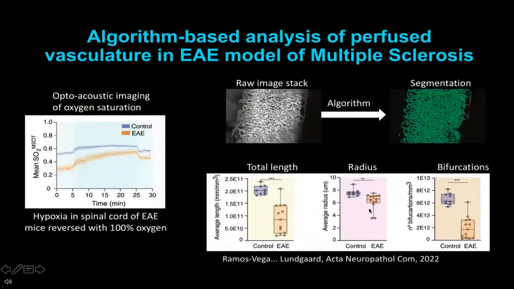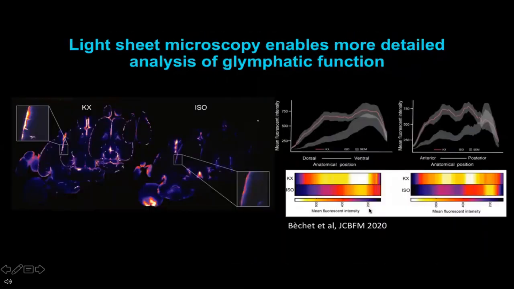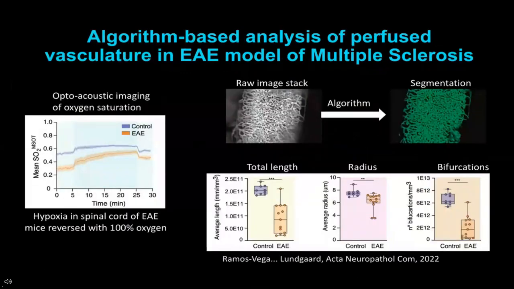And we also saw that the glymphatic system was more impaired in the dorsal and the anterior parts when using isoflurane anesthetics. So then, going forward, we are interested in using machine learning algorithms to investigate the glymphatic system in the entire mouse brain.